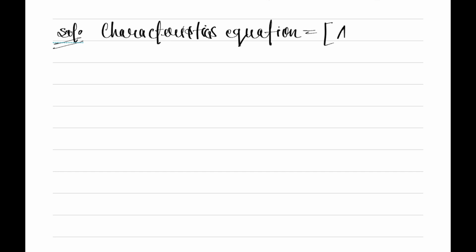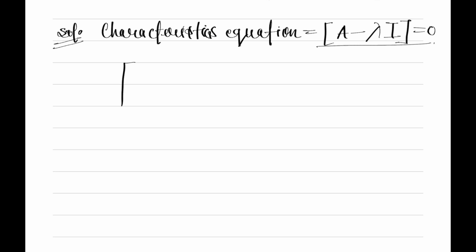Now we can find the characteristic equation, which is A minus lambda I is equal to 0.